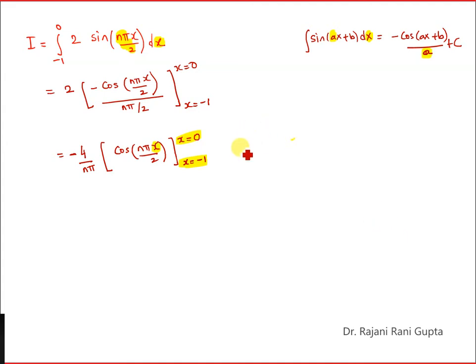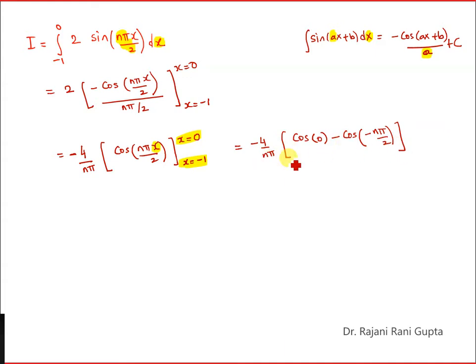So it will give you minus 4 over n pi times cos of, when I replace x by 0, this total becomes 0 because it is n pi times 0 over 2, minus cos of, when I replace it by minus 1, minus n pi over 2.